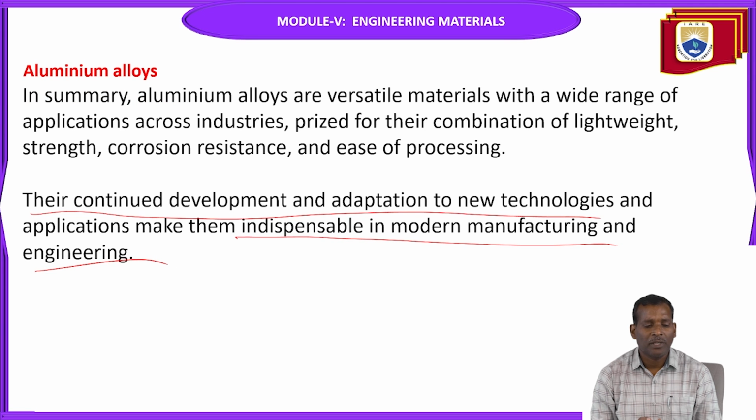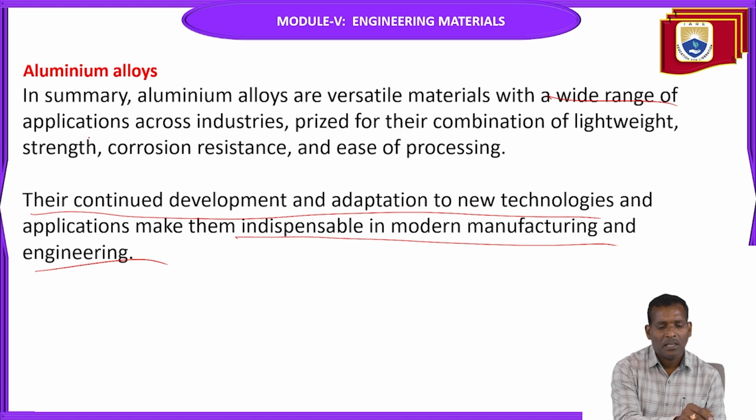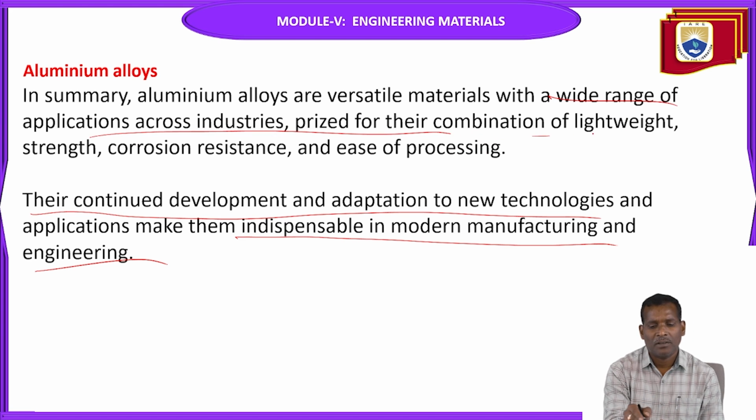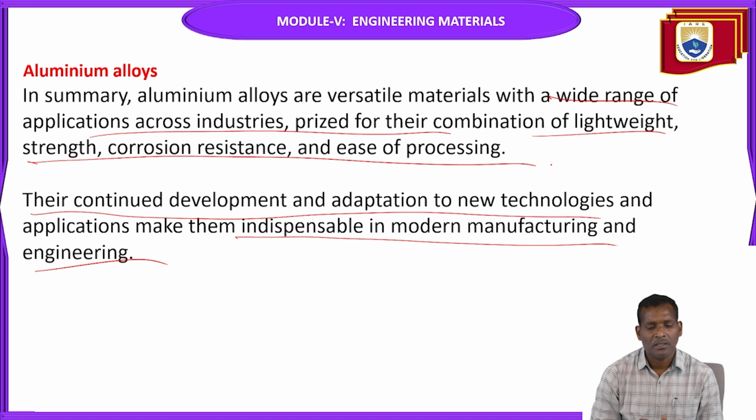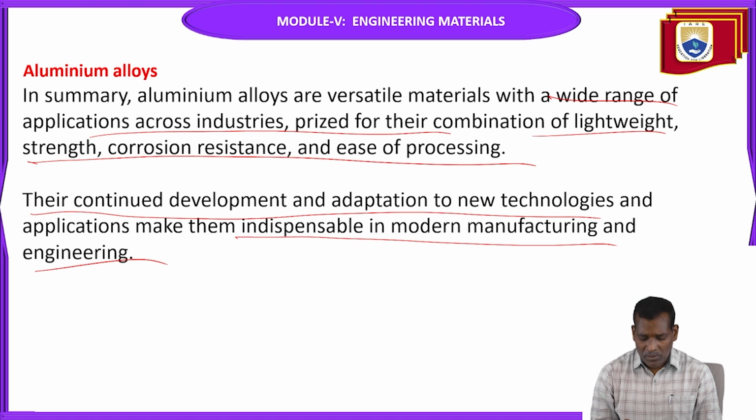So this is the brief summary about aluminum alloys: a wide range of applications across industries, a combination of lightweight strength, corrosion resistance, and ease of processing, a very useful material in the modern manufacturing and engineering sector.